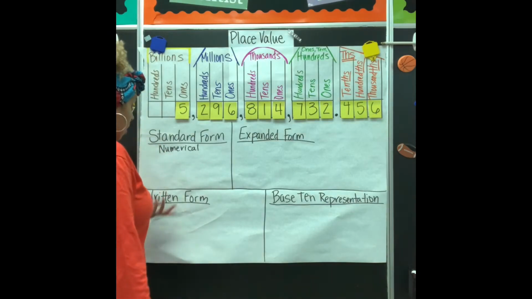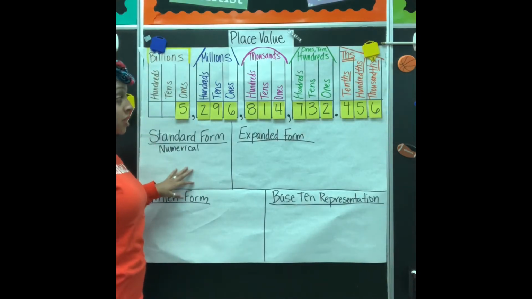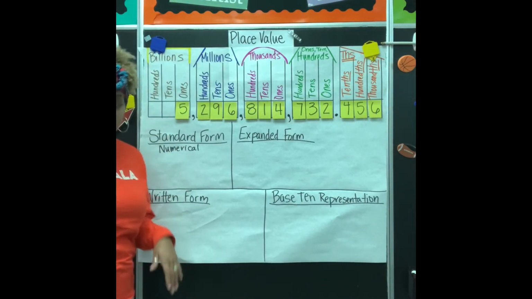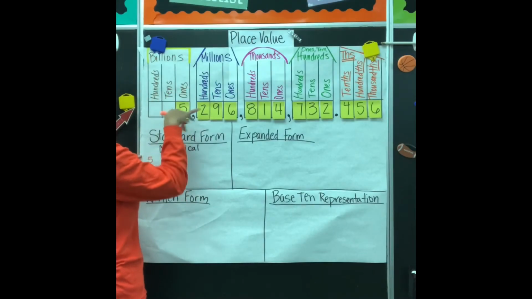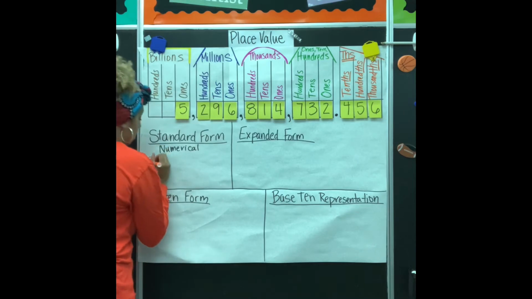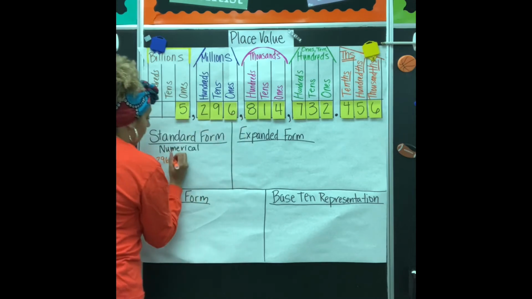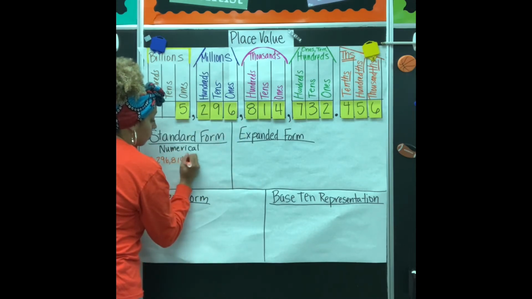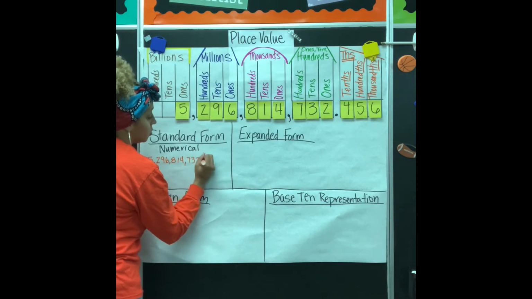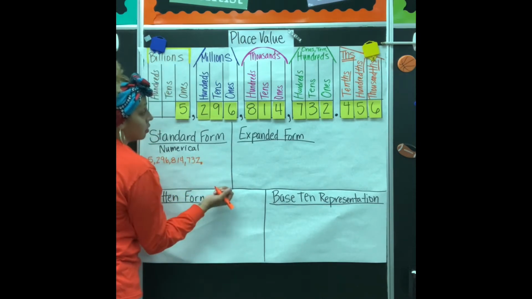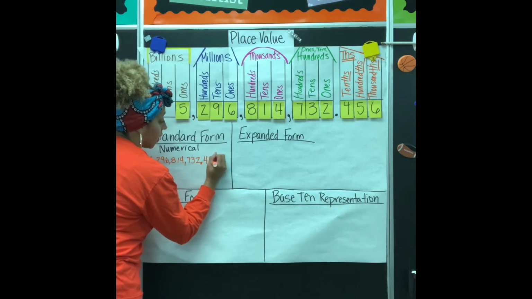Okay? So we're going to rewrite this number down here in standard form. We have 5, then we have a comma because we're leaving this house. We have 2, 9, 6, comma. We have 8, 1, 4, comma. 7, 3, 2, decimal, 4, 5, 6.